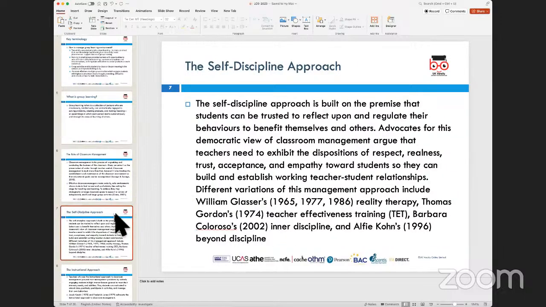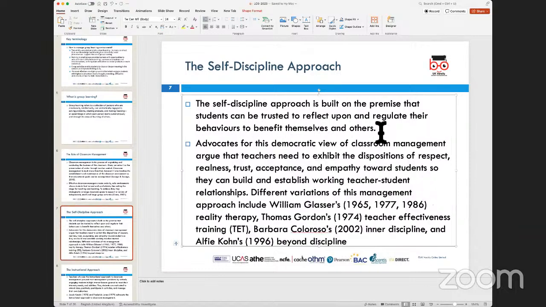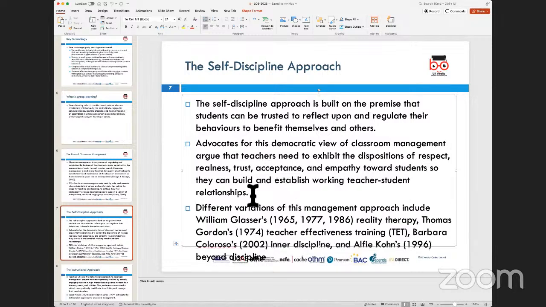Now, one of the things that we looked at in learning outcome 2 was the self-discipline approach, and this is something which teachers would essentially advocate to students, that when they are in a class, they need to follow certain rules and regulations. They need to depict a particular kind of behavior, and that behavior needs to conform with the school policies or college policies.